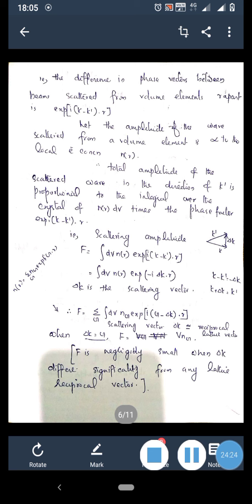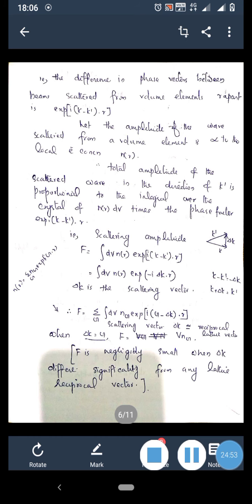The conclusion is that the scattering amplitude will be very small when delta k differs significantly from any reciprocal lattice vector. If they both are equal, then the scattering amplitude will be maximum. If they vary significantly from each other, the scattering amplitude will be very small.